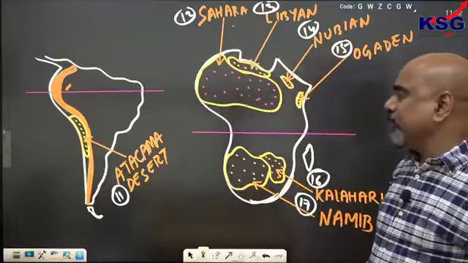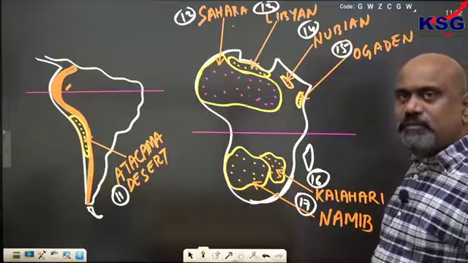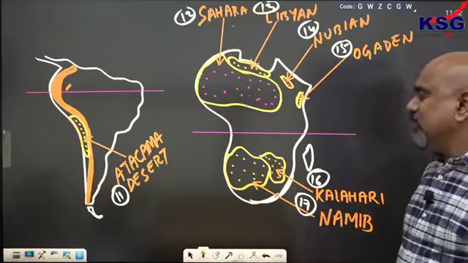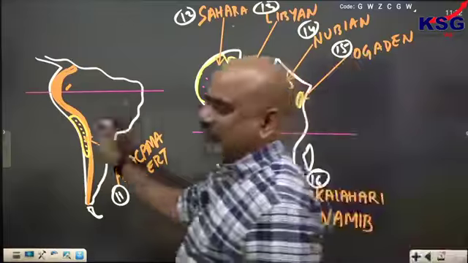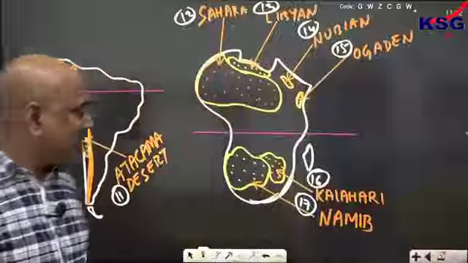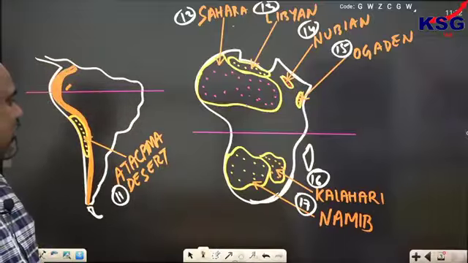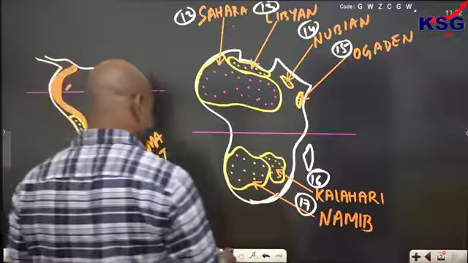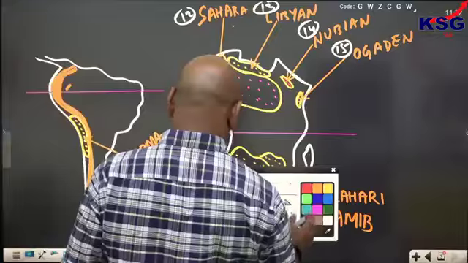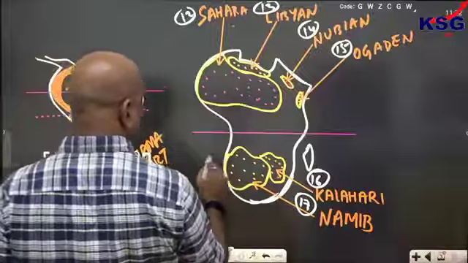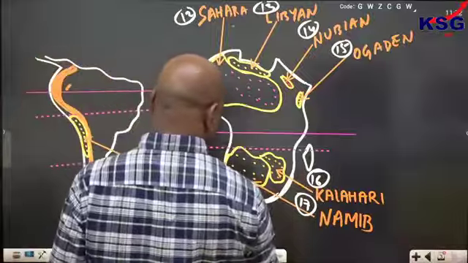Okay. I hope it is done. Now, as I just mentioned, you see, they are all in the western part. Is it in the western part or not? Western part. And if I say 10 to 30 degree latitude here, they are almost between 10 to 30 degree.